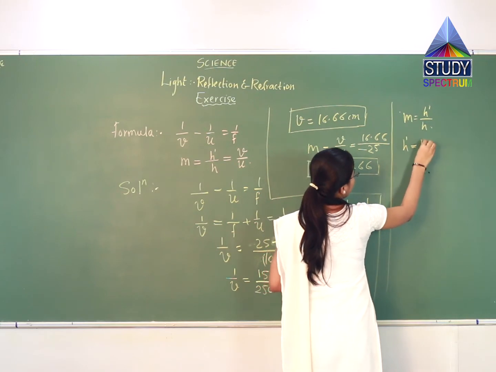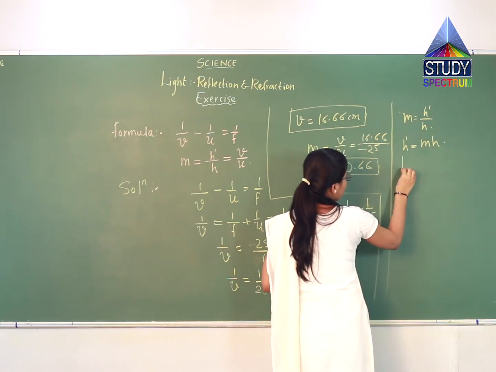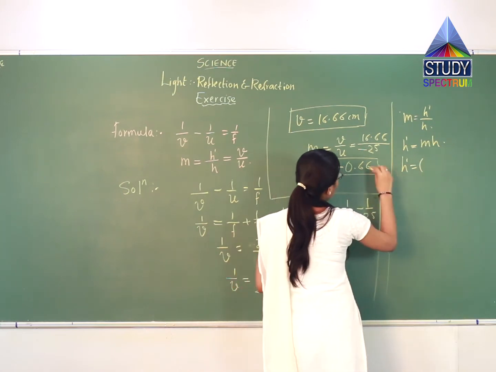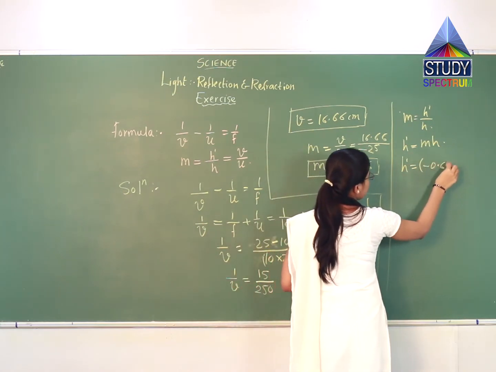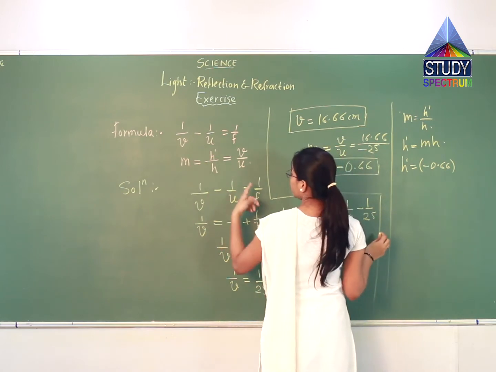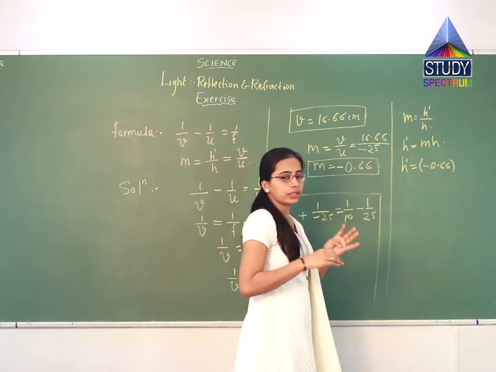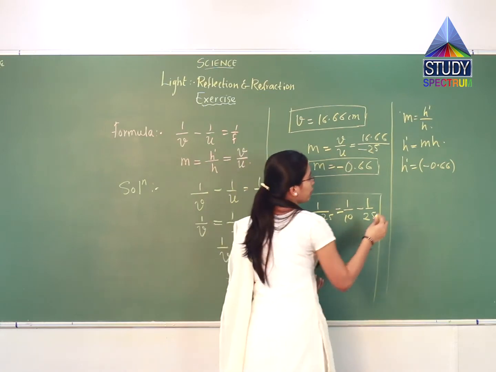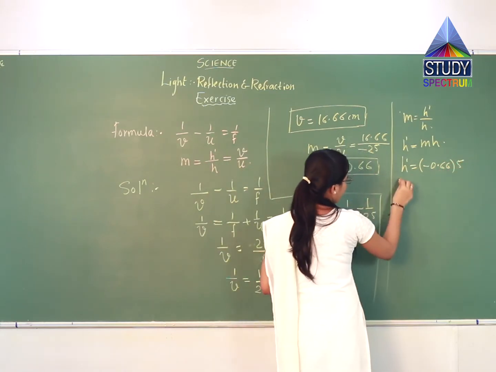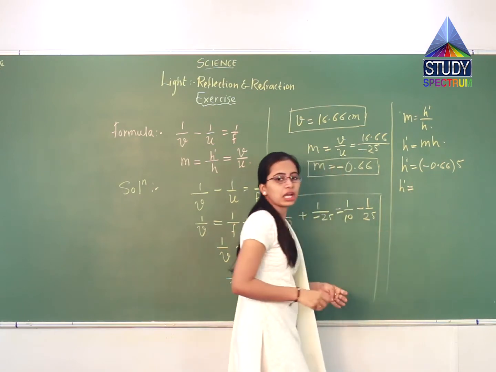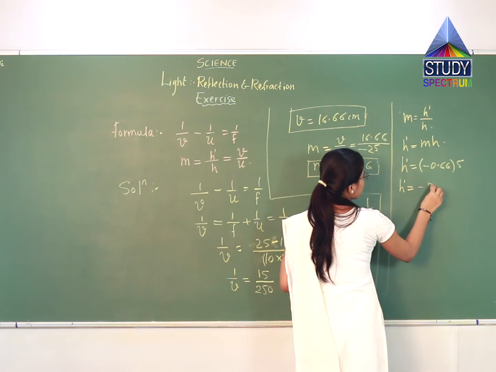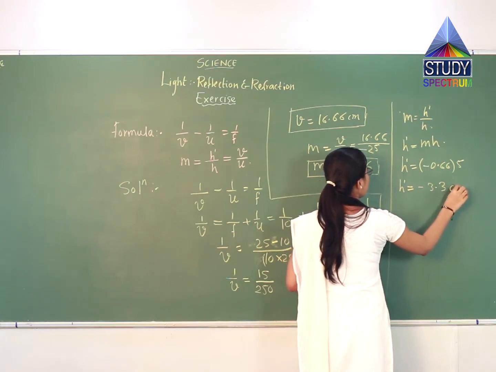So h dash will be m into h. So h dash is equal to m, which is minus 0.66, into the size of the object, which was given as 5 centimeter. So h dash after multiplication you will get as minus 3.3 centimeter.